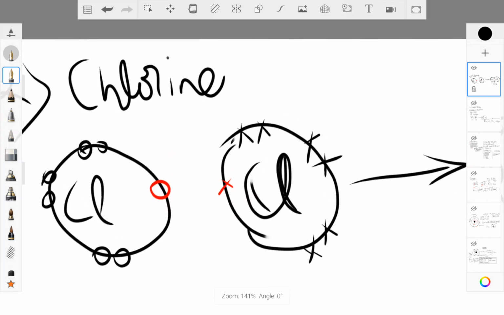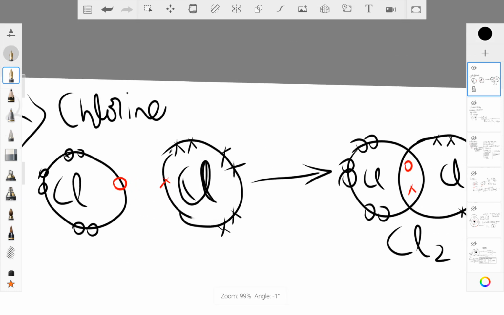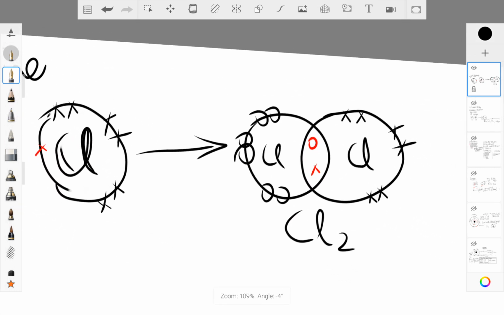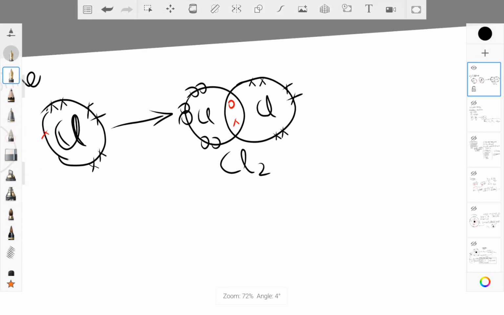As you can see, there are 7 valence electrons in chlorine atoms, which means that each one of these chlorine atoms needs to gain or needs to share. Basically, they just need one extra electron, and what you need is what you give, meaning that both of them share one of their valence electrons with one another to form a chlorine molecule.